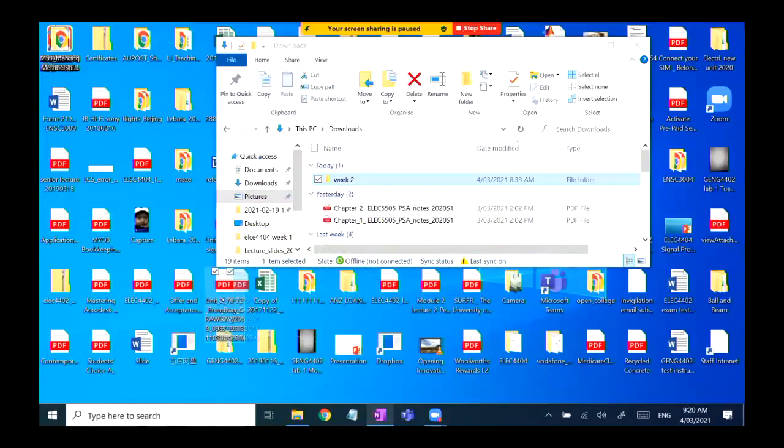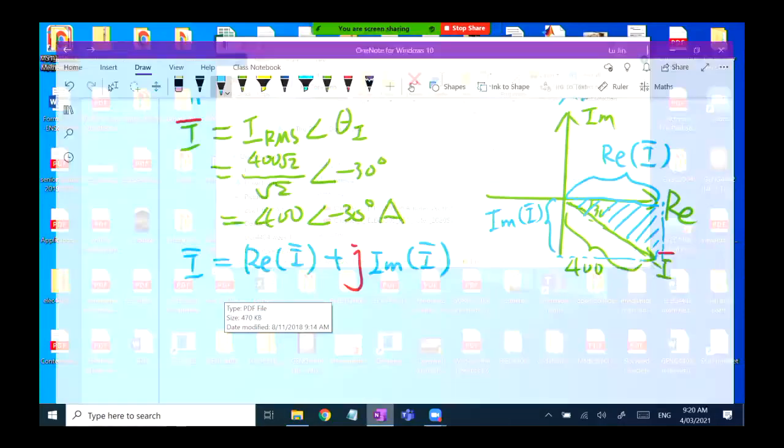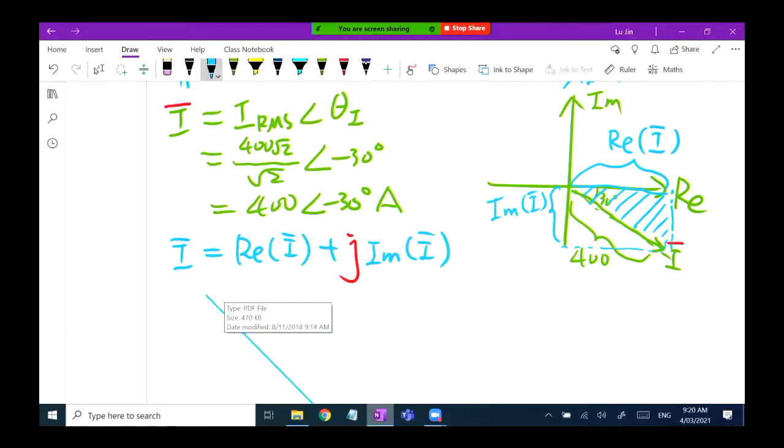Based on the 30 degrees, we should be able to evaluate the real and imaginary components easily. So the real component should be the magnitude of this vector multiplied by cosine of negative 30 degrees. I'm labeling the 30 degrees only, but because this 30 degrees is below the real axis, the angle is actually negative 30 degrees.